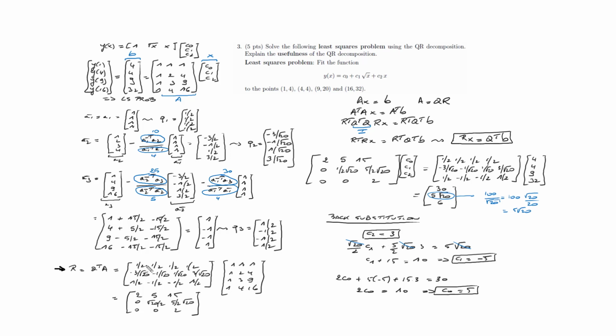So this is Q1 transpose, Q2 transpose, and Q3 transpose. If you do the calculations, this is what you obtain, and of course you have to check that this is indeed a matrix that is upper triangular.